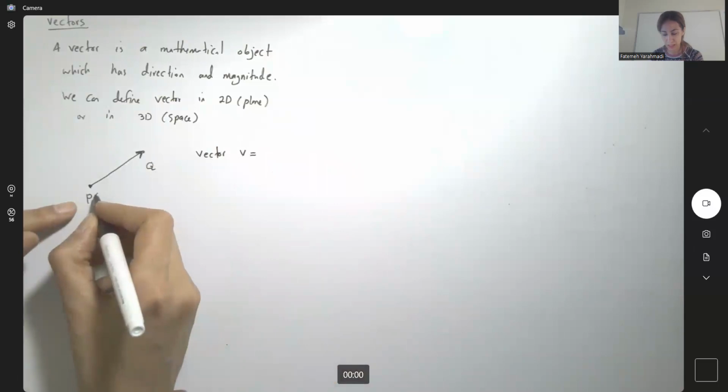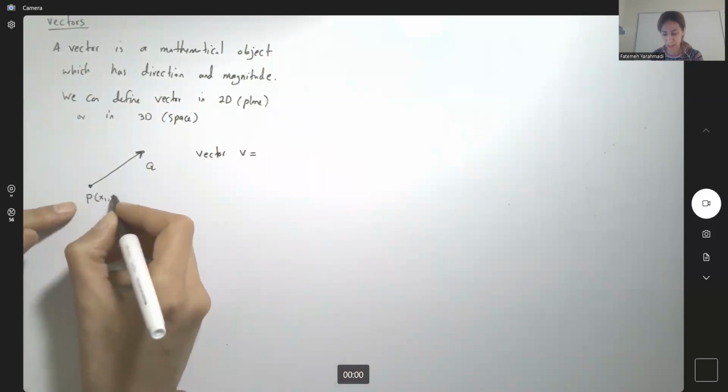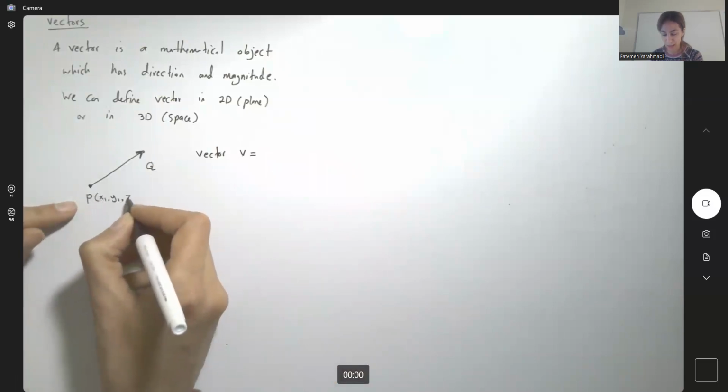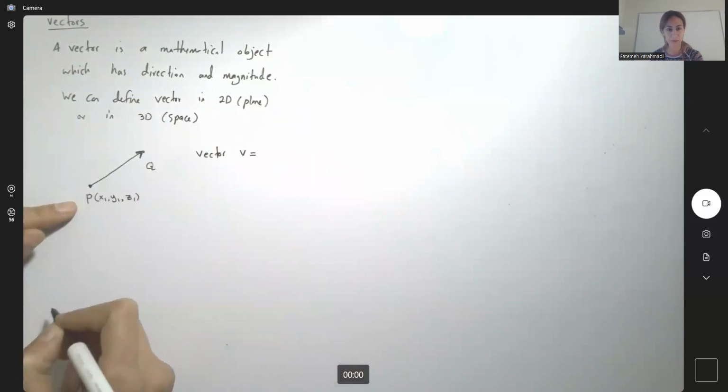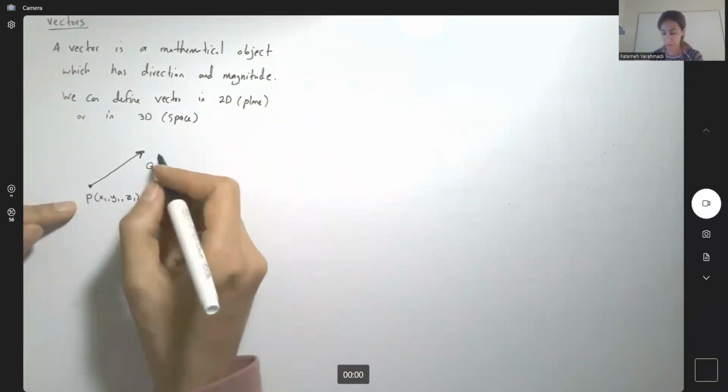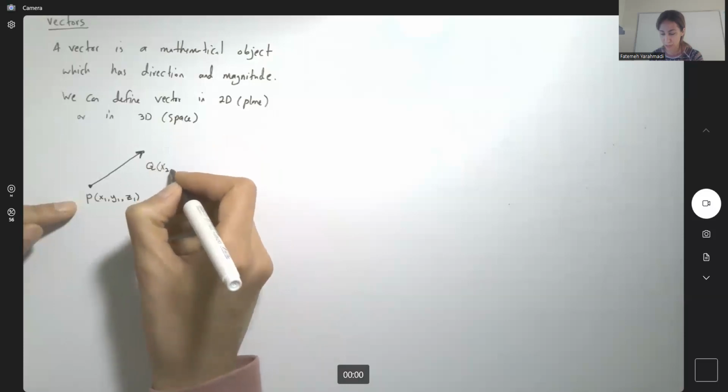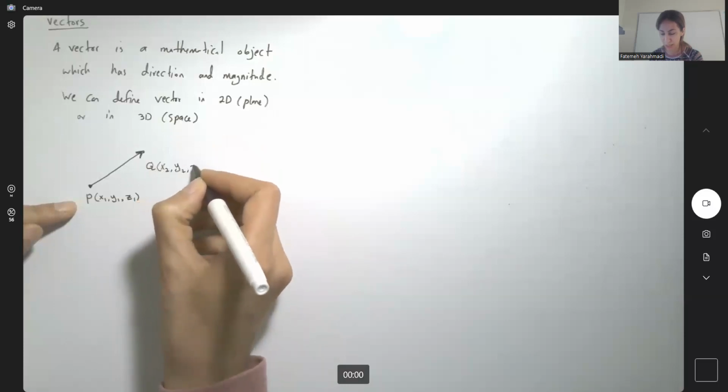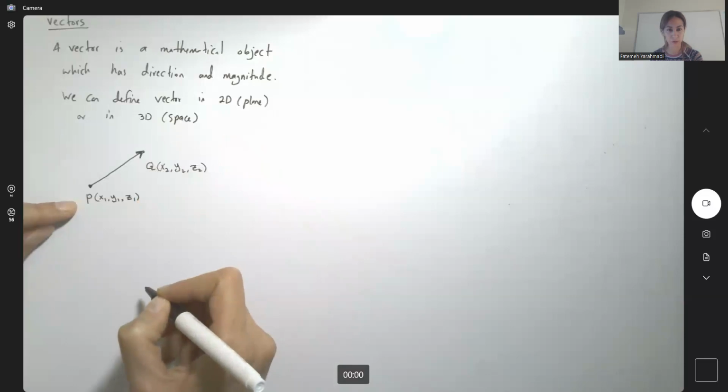So suppose P has first coordinate x1, second coordinate y1, and third coordinate z1. And point Q has first coordinate x2, second coordinate y2, and the third coordinate z2.